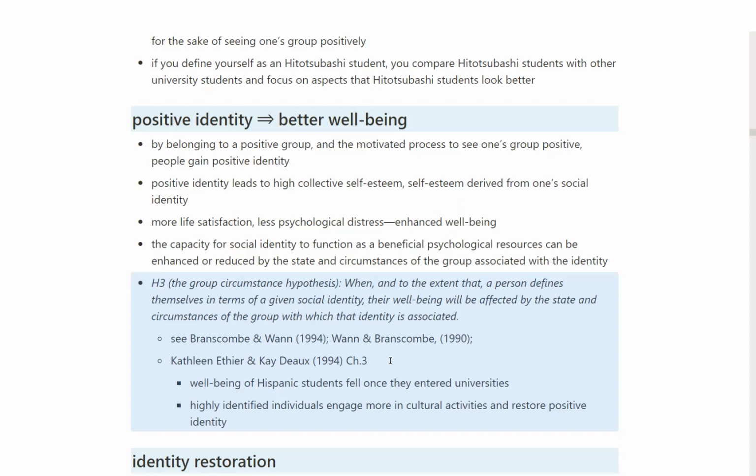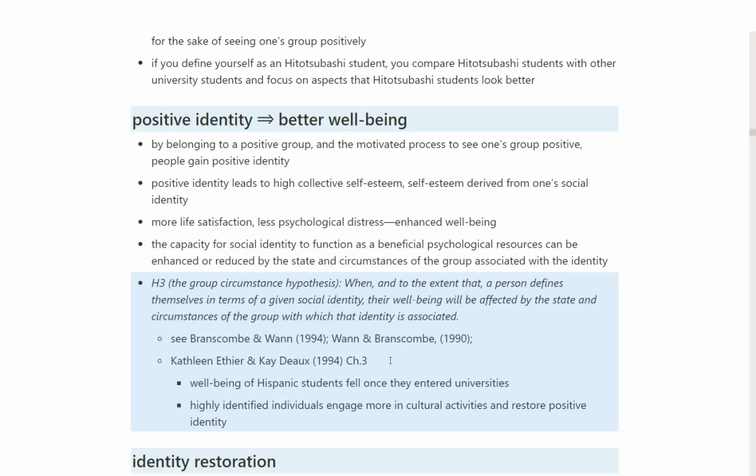In addition to such state or circumstance, the extent that you define yourself as a member of the group that the player belongs to would enhance or reduce the feeling that you experience.